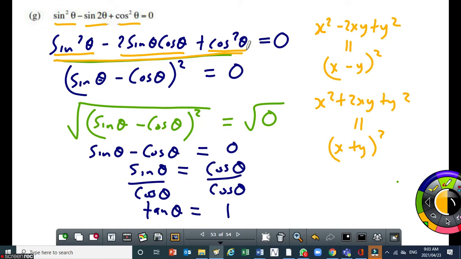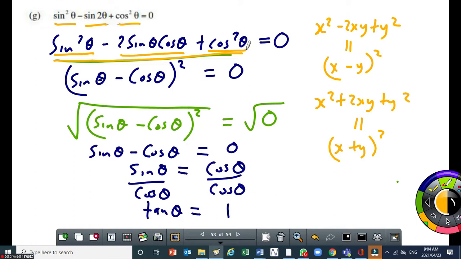If you factorize it here, you get sine theta minus cos theta all squared equal to 0. Then you take square roots on both sides. From your knowledge of exponents, the square root of sine theta minus cos theta all squared is equal to sine theta minus cos theta, equal to 0.